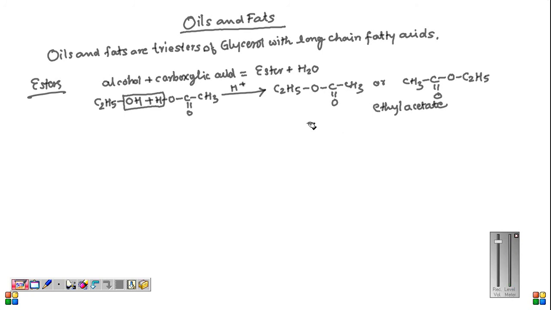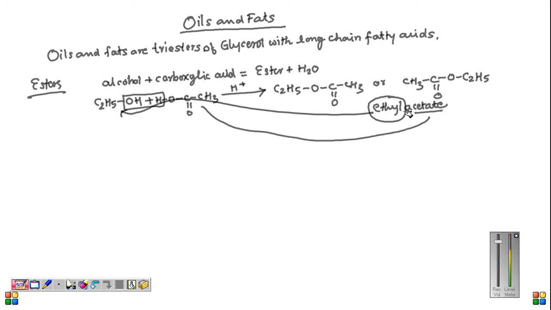While naming this ester, we should remember one thing: the first part, ethyl, comes from an alcohol, and acetate comes from the acid part.